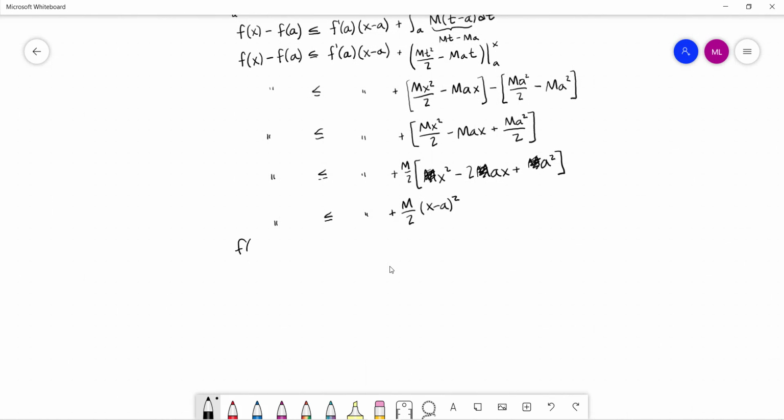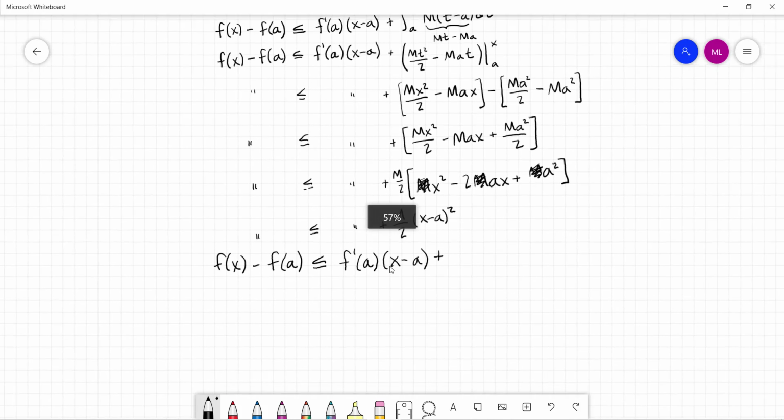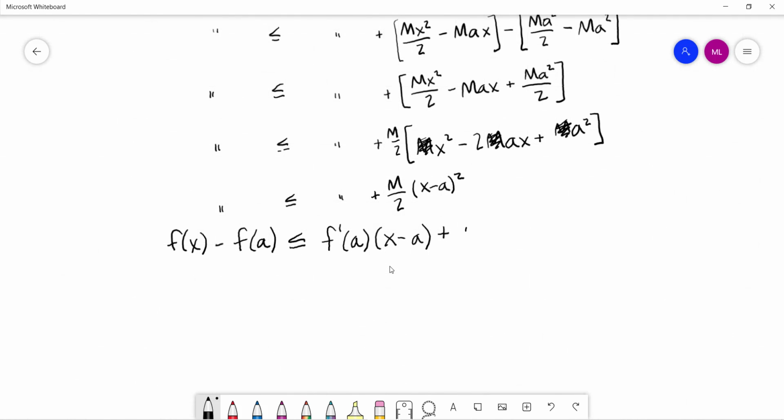What we've got now is f of x minus f of a is less than or equal to f prime of a times x minus a plus m over 2 times x minus a squared. So again, not necessarily intuitive why we're going this way, but all we're doing is integrating enough that we get things back to be in terms of the original function f.